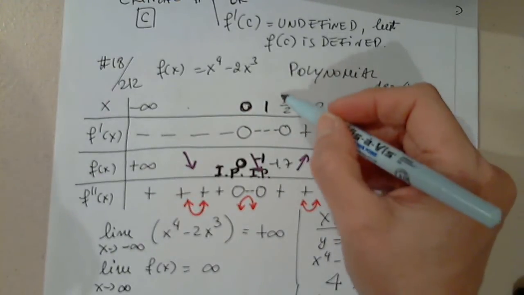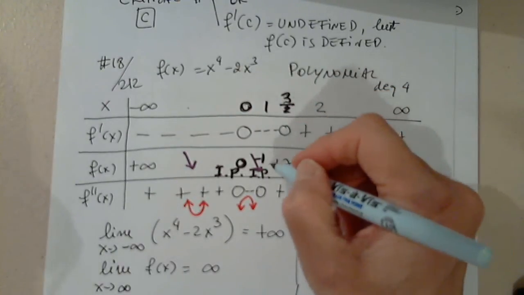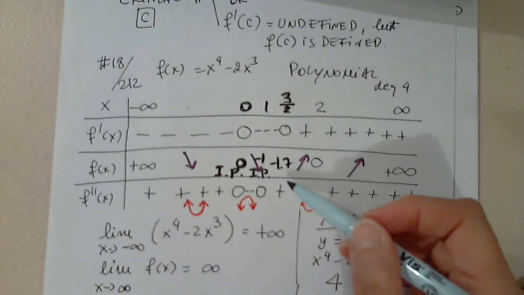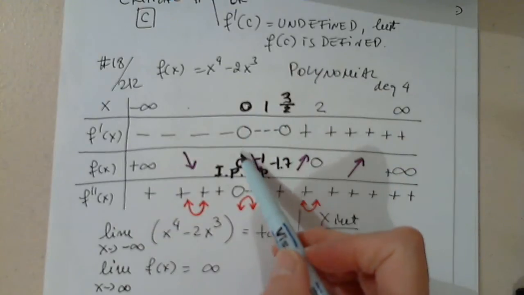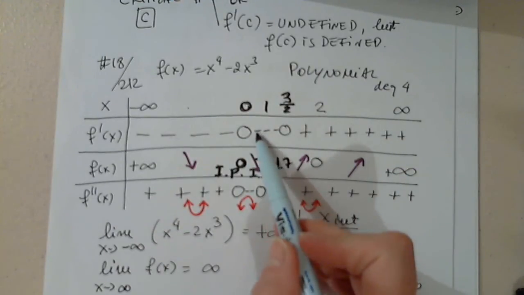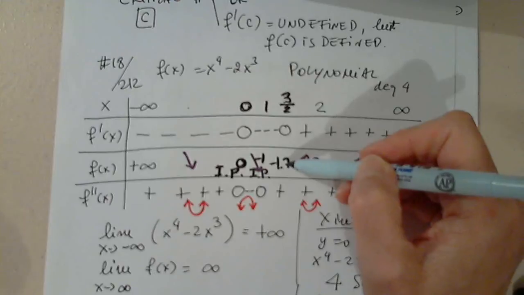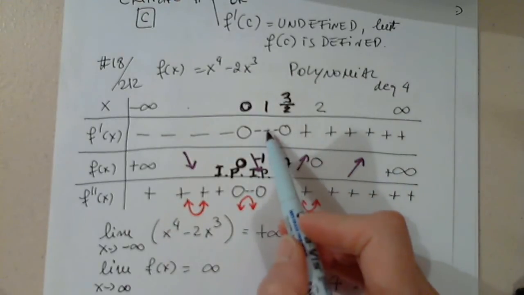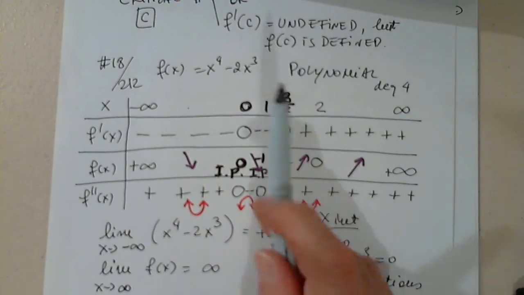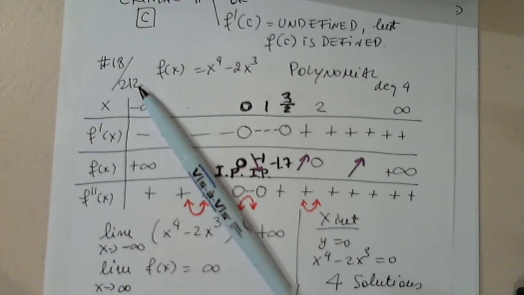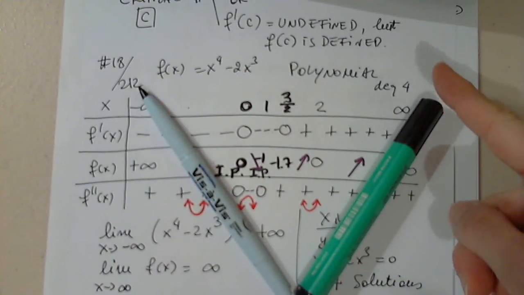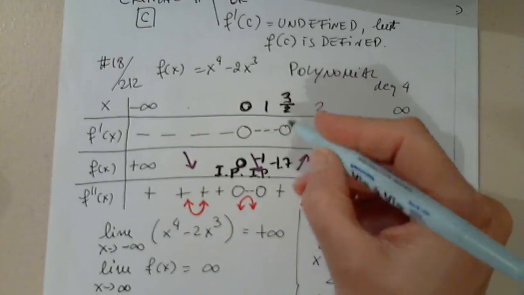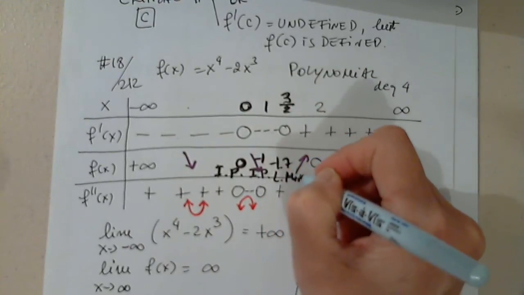Let's see what 3/2, negative 1.7 represents. This is the critical number, and this is also a critical number. However, the derivative does not change sign. But this is a critical number at which the first derivative changes sign from being negative, 0, and then positive, which makes this a local min.